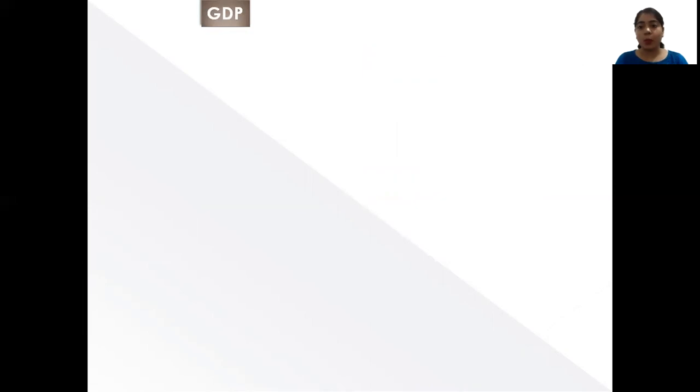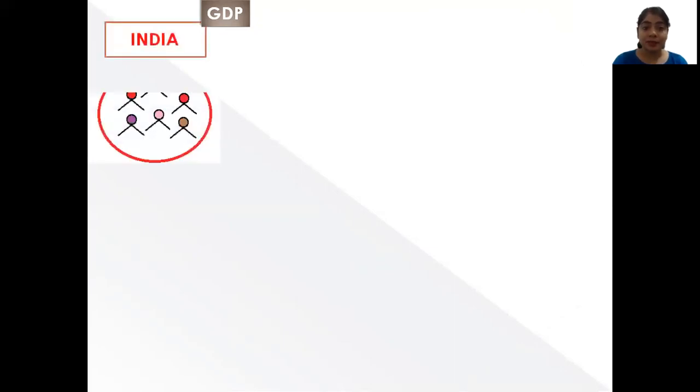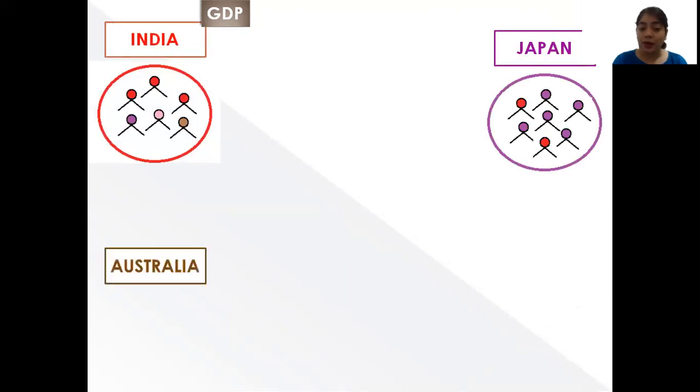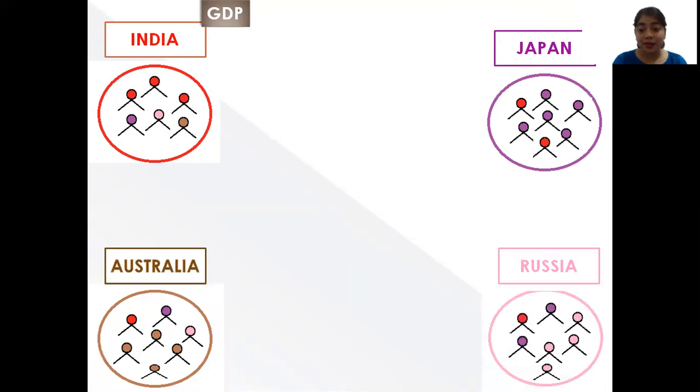After getting familiar with these two words, domestic and national, now we understand how the countries behave with regards to GDP and GNP. As we have four countries, India, Japan, Australia, and Russia.